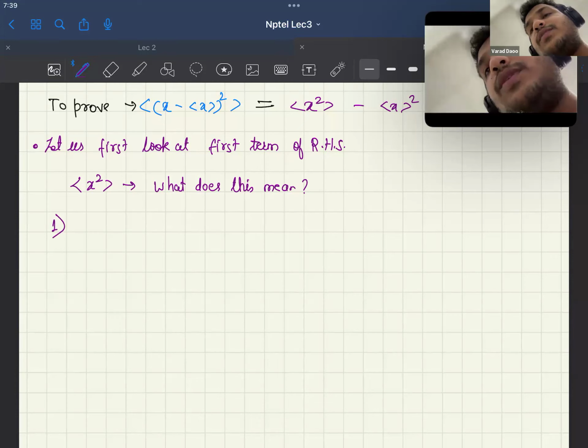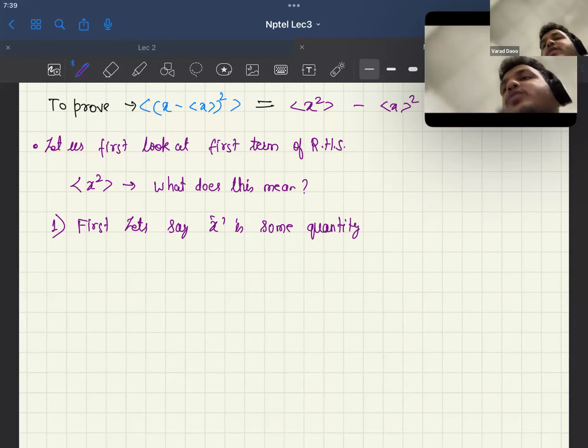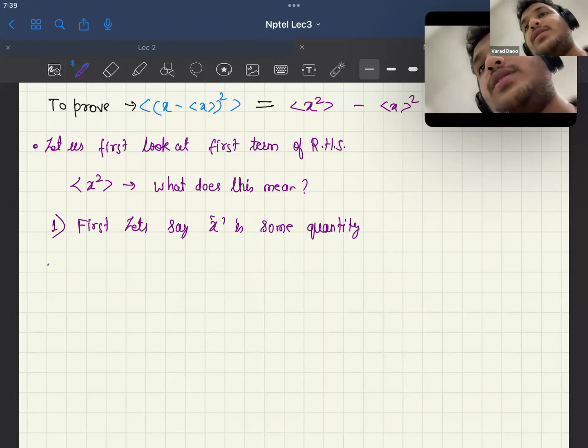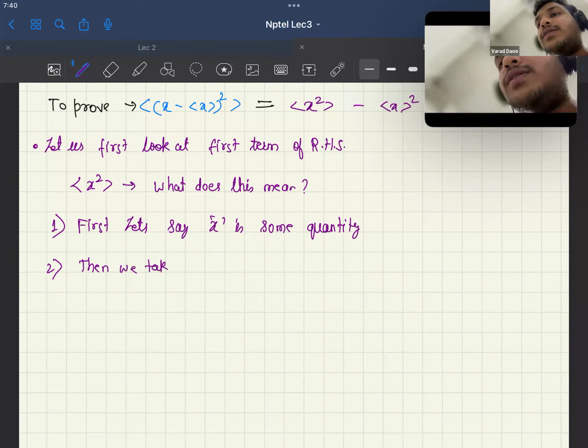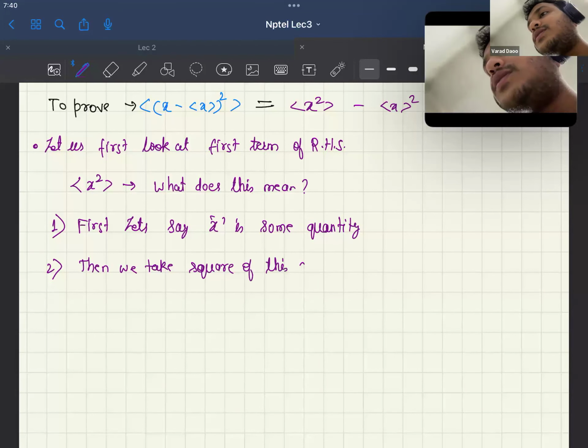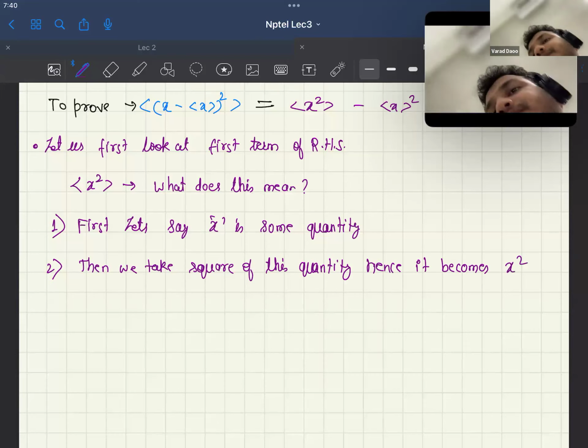The steps are, number one, let's say x is some quantity. From a thermodynamics point of view, it could be temperature, pressure, like that. Then we take the square of this quantity, and hence it becomes x squared.